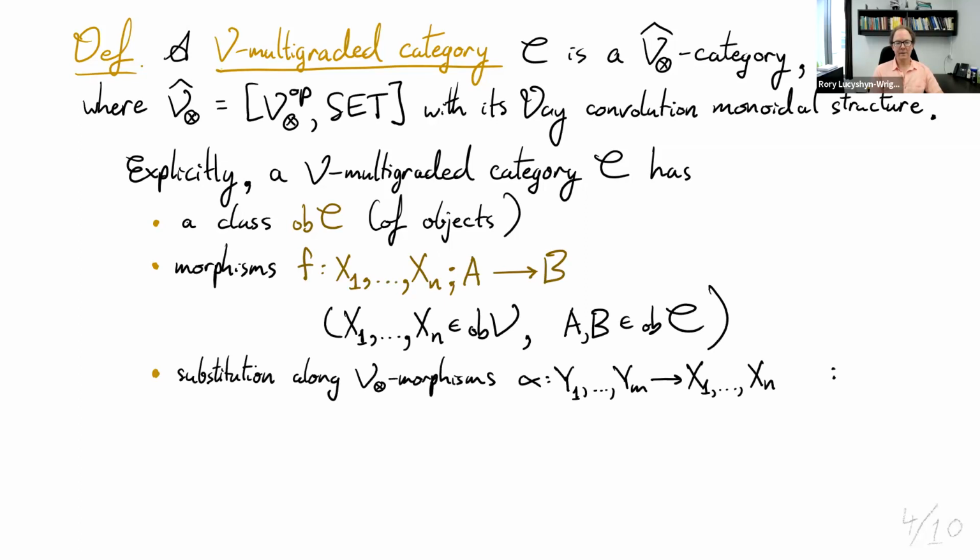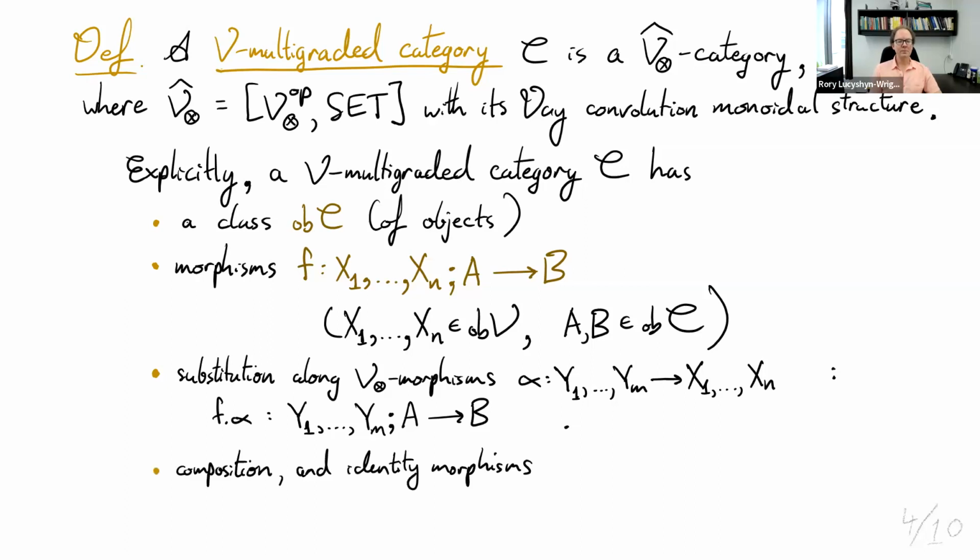And we have substitution along V-tensor morphisms. So if we have a morphism in the symmetric monoidal envelope, a morphism alpha going from a list of objects y1 through ym to a list of objects x1 through xn, then we can pull back the morphism f along this morphism alpha to get a morphism of the following form. f dot alpha then goes from y1 through ym, semicolon A to B. So we're changing the context by pulling back along a sort of context morphism, a morphism alpha in the symmetric monoidal envelope.